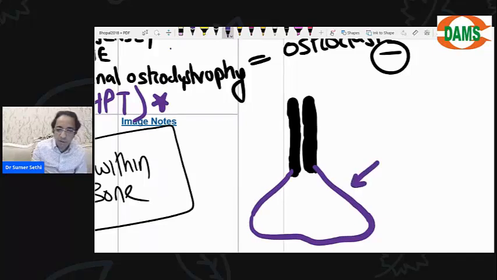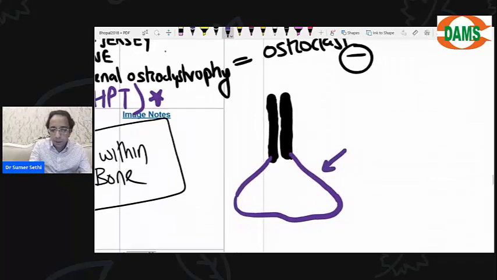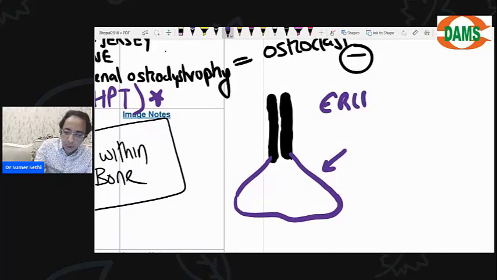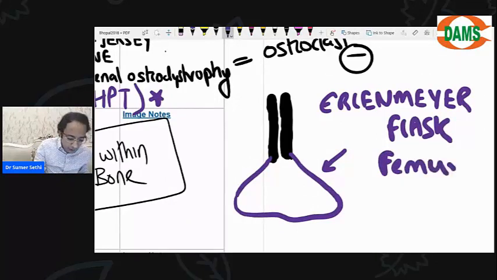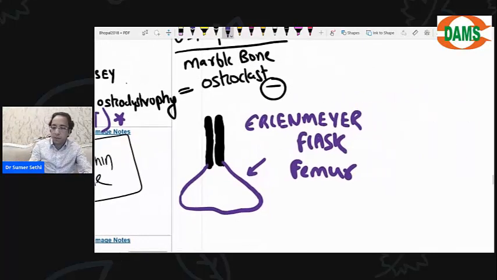So the lower end of the femur is expanded. This is called Erlenmeyer flask femur. Are you able to understand my point? Is it making sense to you that the cortex is thickened in this disease, the medullary canal gets obliterated, so the lower end becomes widened to compensate. That is called Erlenmeyer flask femur.